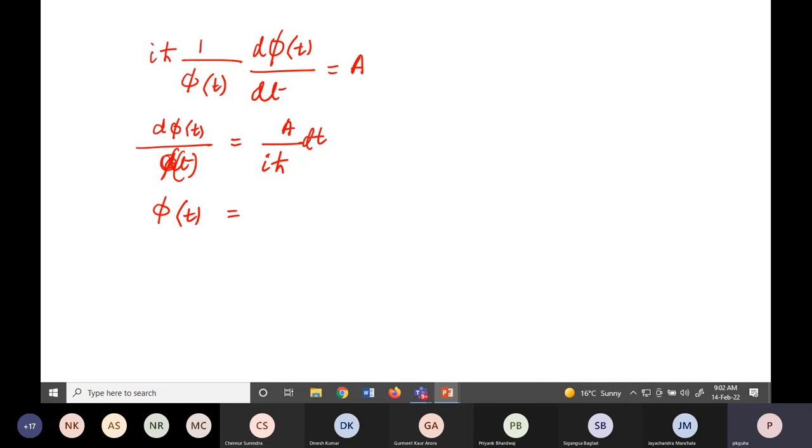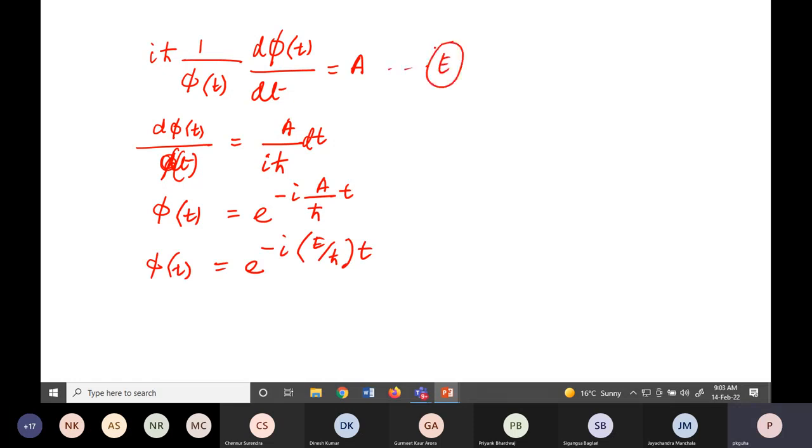It's okay. I've taken this del by del t over here, and the straightforward solution is this. Or you can also write phi of t is equal to e to the power minus i E over h bar times t, where E is the total energy, because this is nothing but the total energy. So this is my solution of the time dependent part.